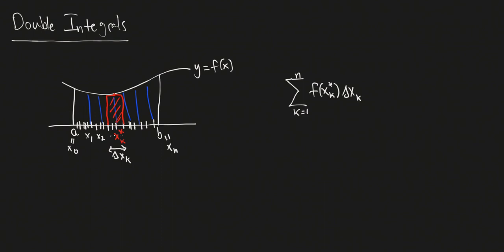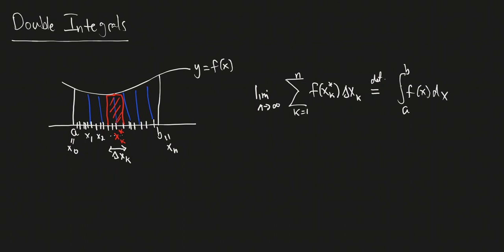And provided that this limit exists, so the limit as n goes to infinity of this expression, this is what we define as our area, or more generally, net area. That's for when functions change from positive to negative, or vice versa, on this interval. So this is by definition, and the notation that we use is the familiar definite integral.